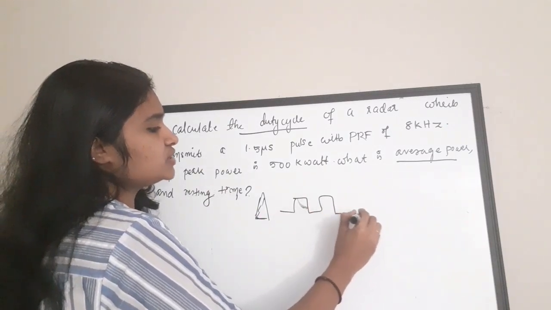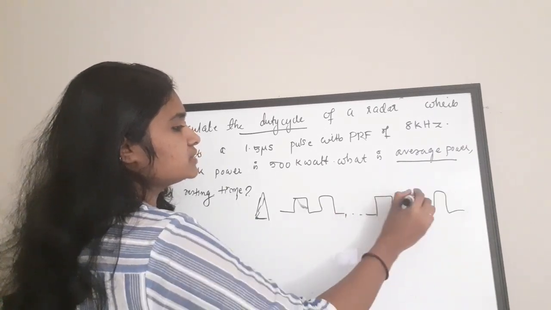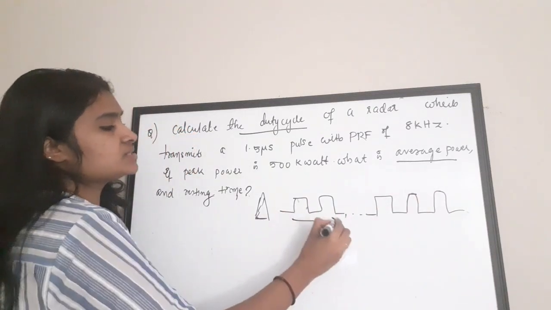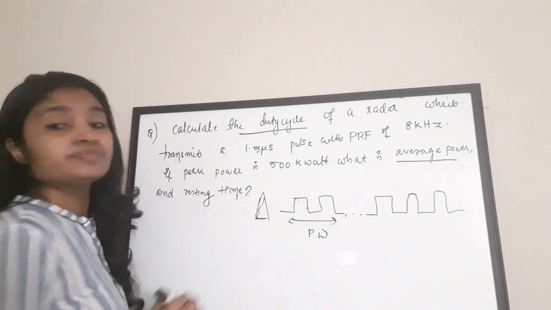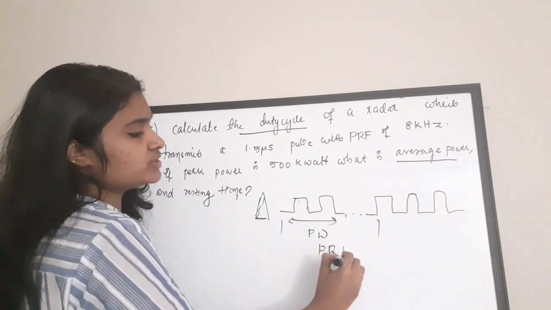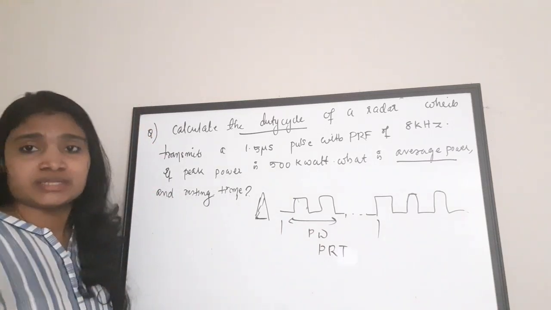After a little bit of time, the radar is again going to send pulses. So this is the pulse width, and this is the pulse repetition time. That is, after what time the pulse is again repeated.